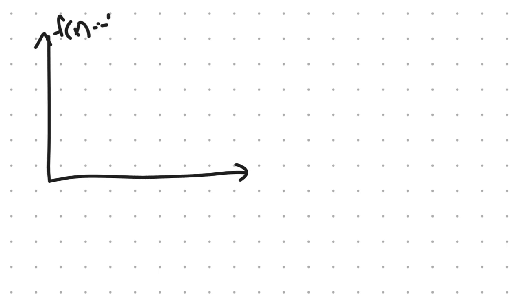Now, let's consider taking the function f of x is equal to 1 over x, and let's talk about the function first. The function is an asymptotic function, both vertically and horizontally. And we can see that the integral of 1 over x is ln of x. So it's a very special function.